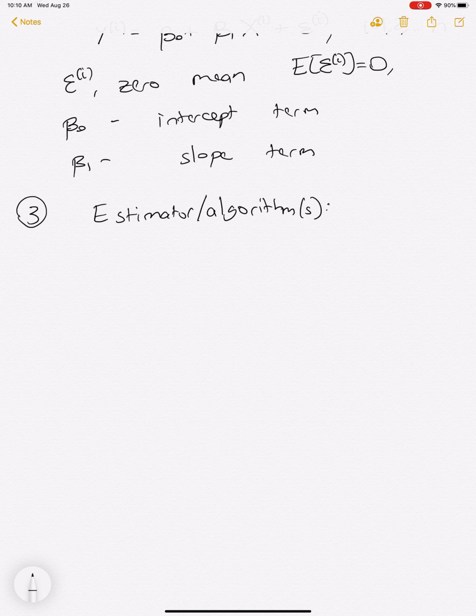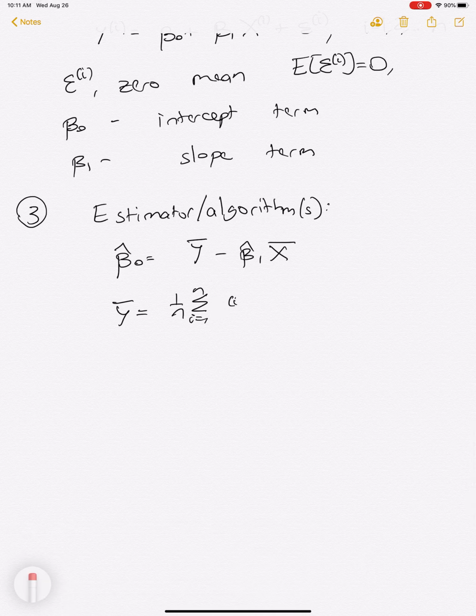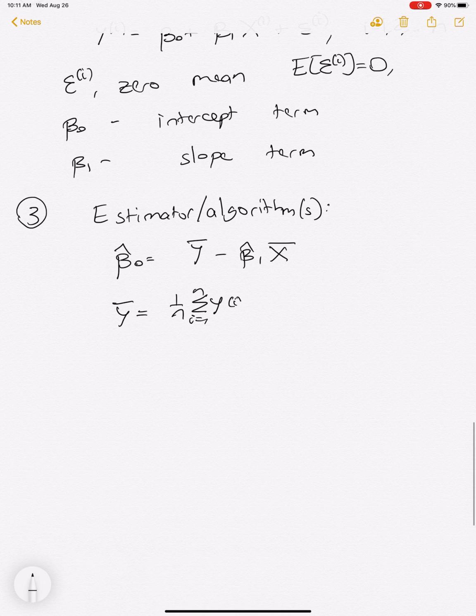Okay, so what you can hopefully work out is that the property of the intercept term is that it must ensure that the line goes through the point x bar, y bar.